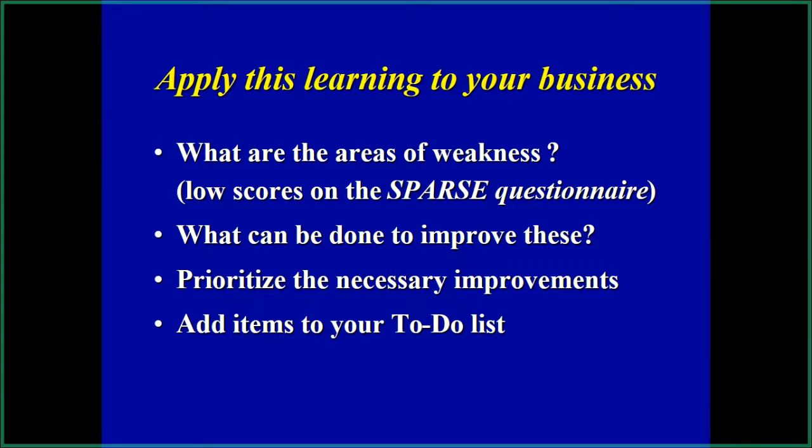If I fix that and I could only get to one other thing, what would it be? That's your number 2 priority. You can do that because you should have 10 or 12 things on your to-do list that need fixing in your company. That's normal. If you had less than that, I'd be squeezing you to say, well, let's just go through this again. How are you actually doing on this dimension?